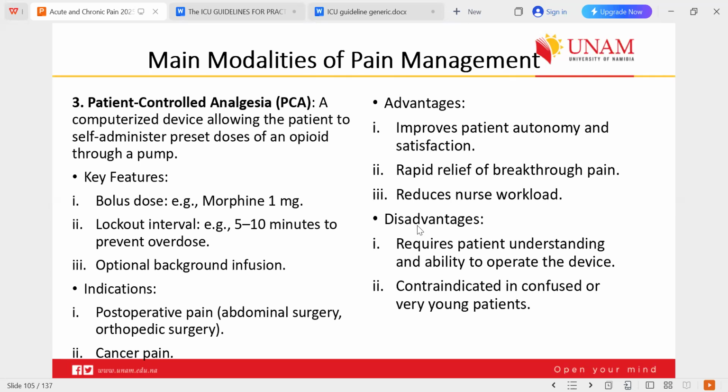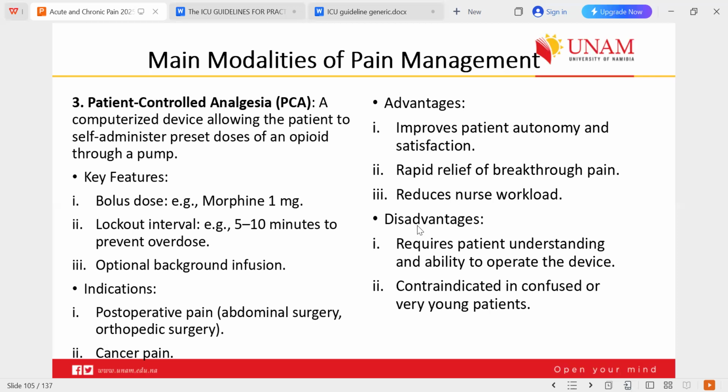We have an optional background infusion for those in severe pain or patients who have cancer pain. It helps to improve patient autonomy, saying that your analgesia is in your hand. It also helps to relieve breakthrough pain and reduces nurse workload.